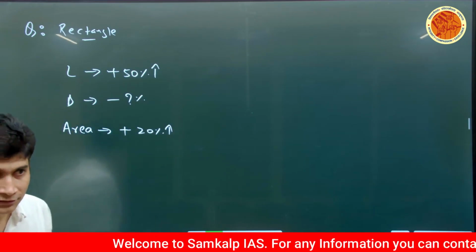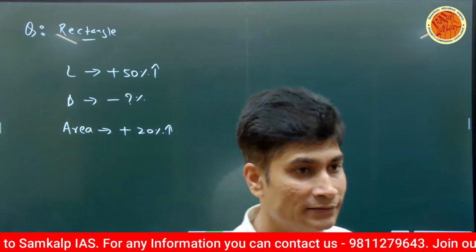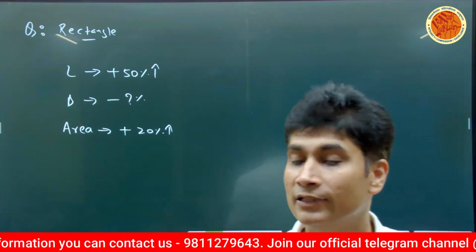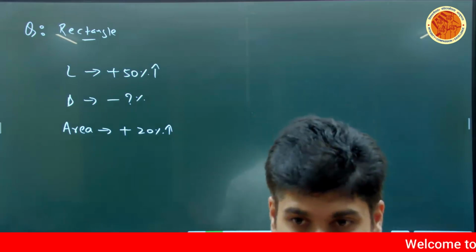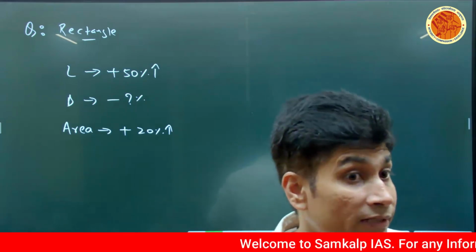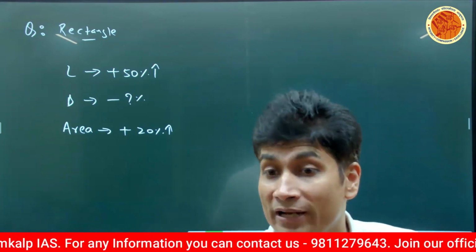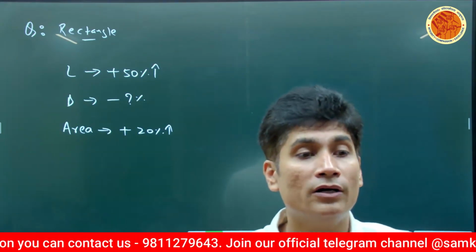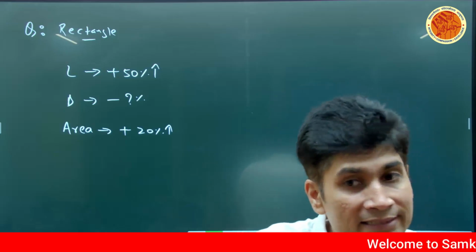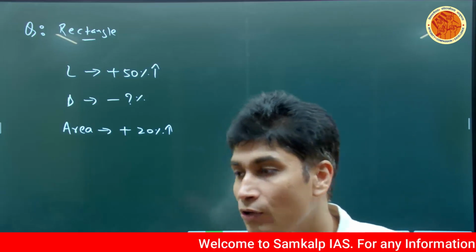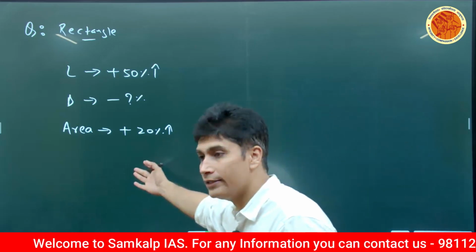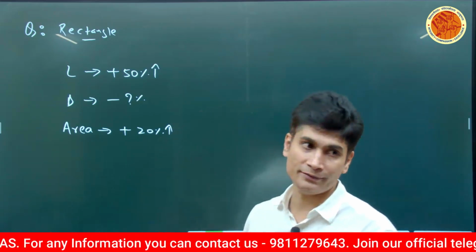Did you understand the question? This time the area is not constant. The area also increases, but only by 20%. So you have to let the breadth decrease by that value in which the area increases by only 20%.